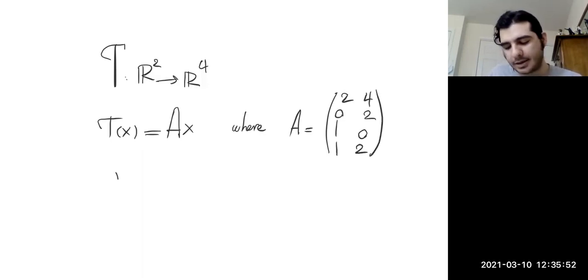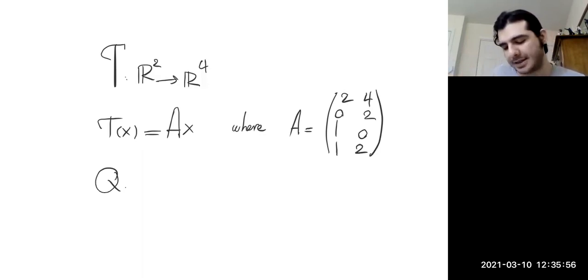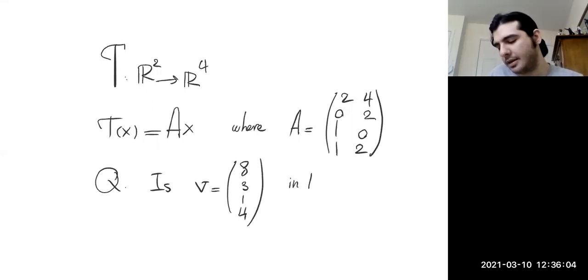Now the question is kind of understanding the image of this map. So for example, is the vector v equal to 8, 3, 1, 4 in the image of T or not?